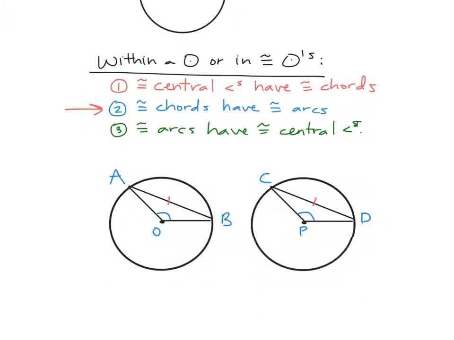So now that I know AB is congruent to CD, I also know that arc AB is congruent to arc CD. And like I said, it's circular. So all you need to know is one set of those three things, and you know the other two are true also. If all they told us were the arcs are congruent, you could say the chords are congruent and the angles are congruent. So they all affect each other.